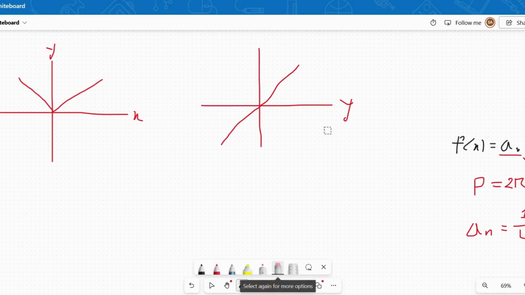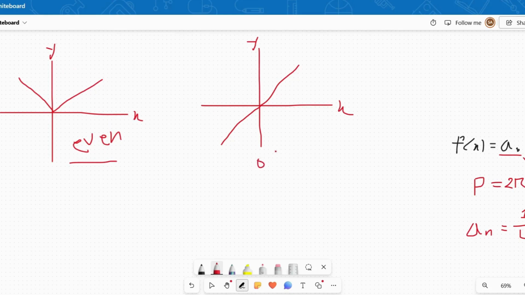Oh, those who can answer this, congratulations. Your basics are very strong. This is an even function. Whenever a function is symmetric about the y-axis, it is an even function.